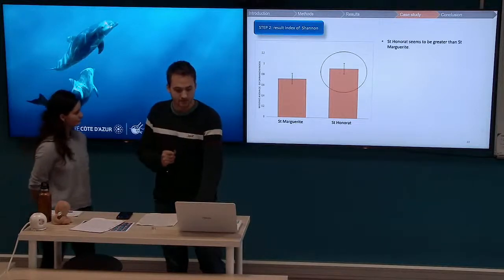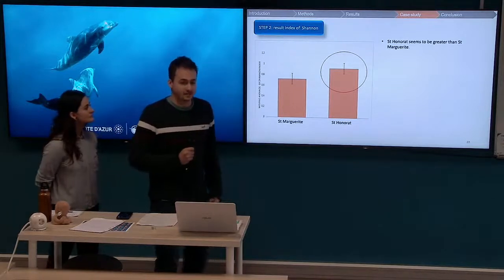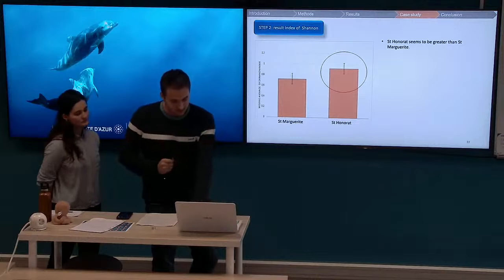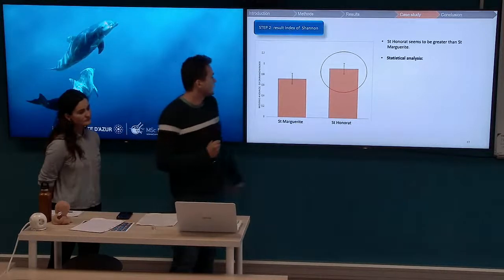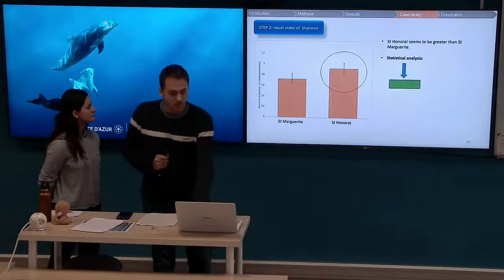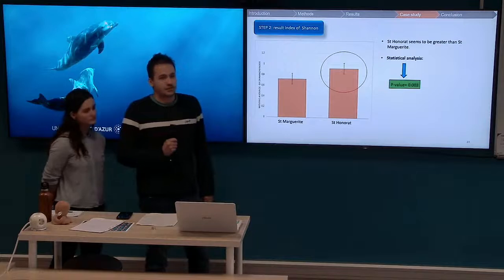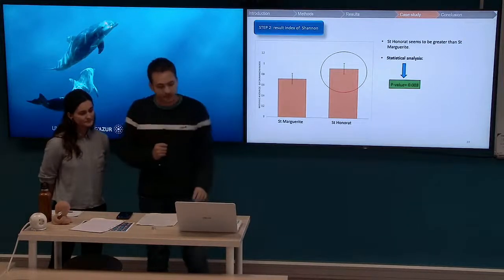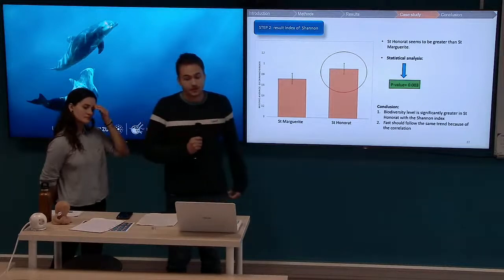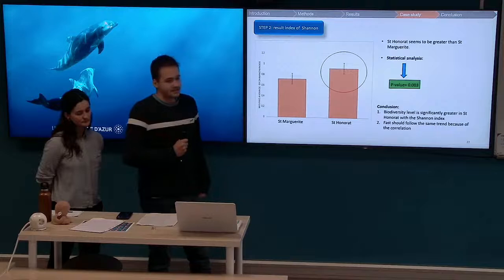So we can state our assumption that St. Honora seems to be greater, and we can test it. To do so, we are using a Student test, which compares the mean of two different samples. For this, we obtained a p-value that is below the threshold of significance. So we can conclude that the biodiversity level is significantly greater in St. Honora than in St. Marguerite with the Shannon index.